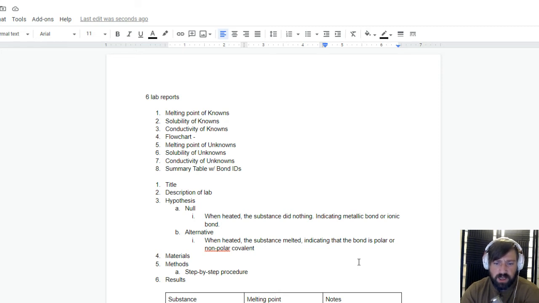So that's that. If you wanted to take this exact same thing and turn it into a solubility table, you can do that. Keep your substance column, say solubility in water. The other side, you can do solubility in hexane.